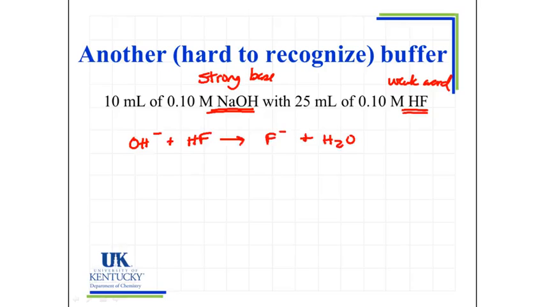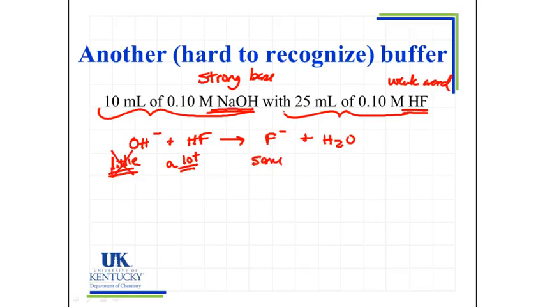So if we look at the amounts that we have, 10 milliliters of 0.1 molar, and we have 25 milliliters of 0.1 molar. We have a little bit of this, comparatively, and a lot of this. So what will happen? Well, this OH minus will react with the HF and produce some of this.